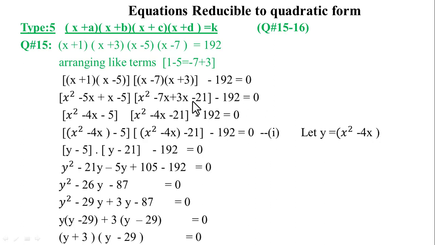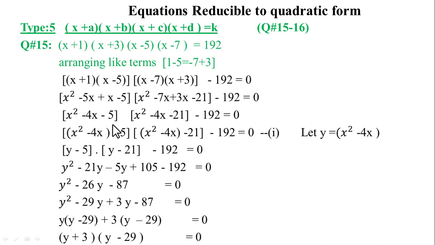Now we can solve this equation. We have two pairs: x square minus 4x minus 5 into x square minus 4x minus 21 minus 192 is equal to 0.